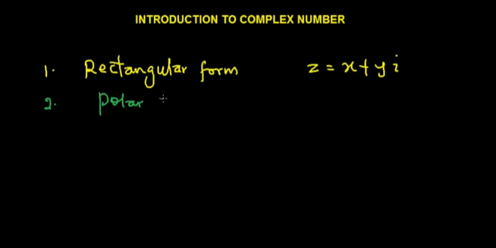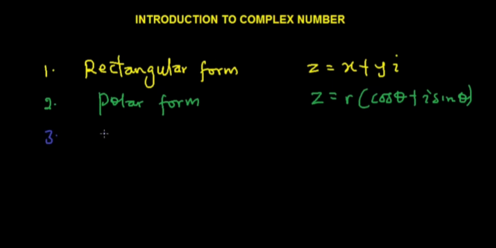The polar form is written this way: z = r(cos θ + i sin θ). The third form in which a complex number can be represented is known as the exponential form.